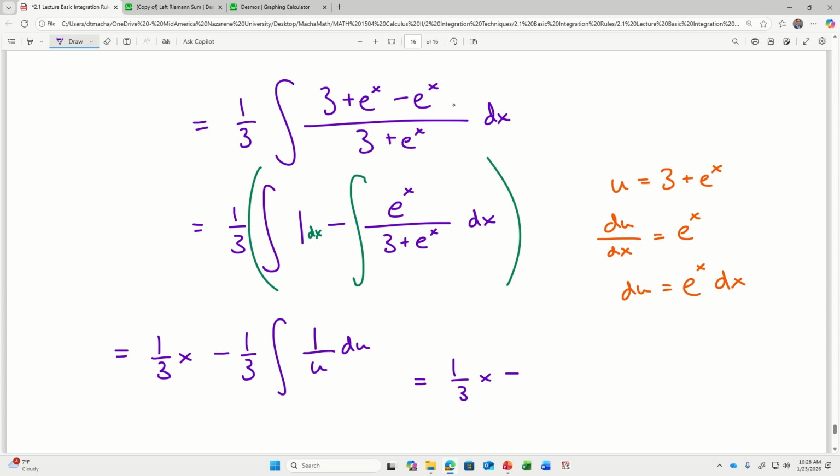The antiderivative of 1 over u is the natural log of u. And so I'm going to replace the u with 3 plus e to the x. And don't forget the plus c.